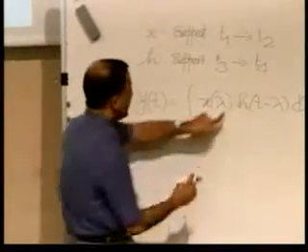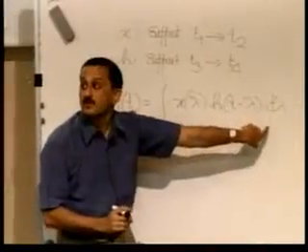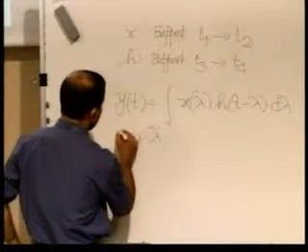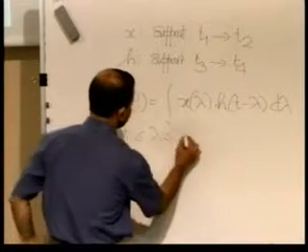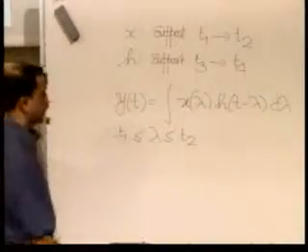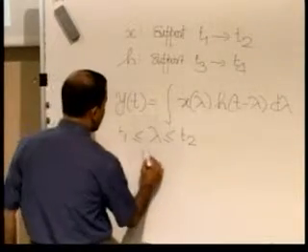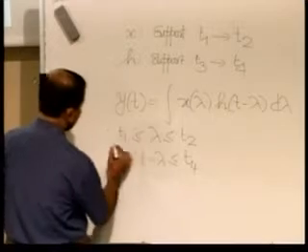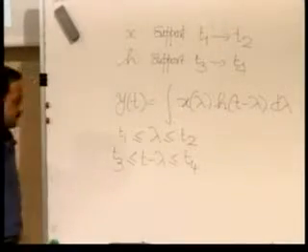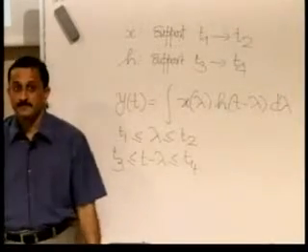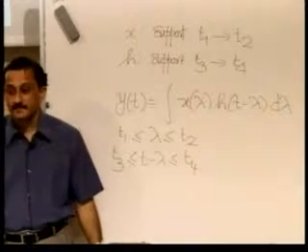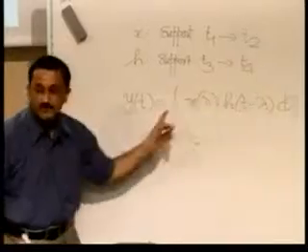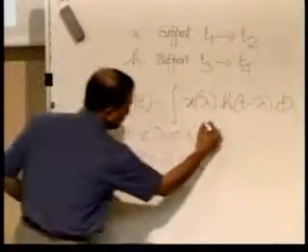In the range where both of these are non-zero, which means lambda is between t1 and t2, and t minus lambda is between t4 and t3. So the range where this is non-zero is where both of these hold good.